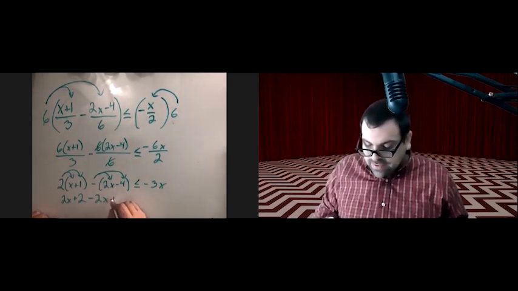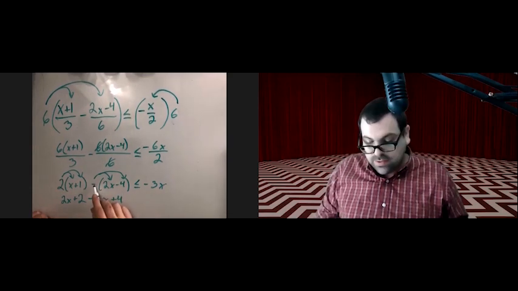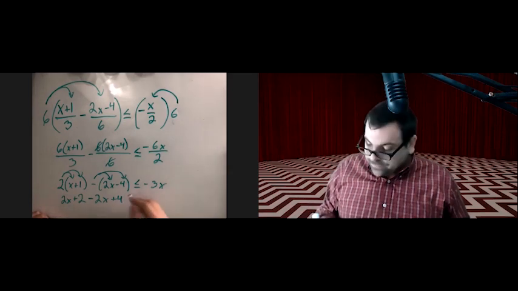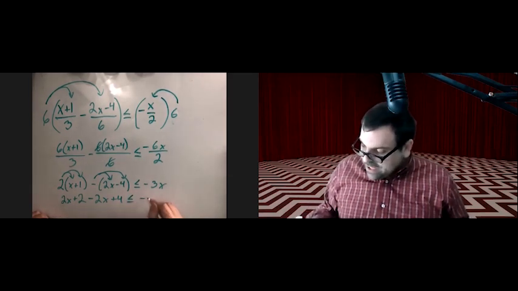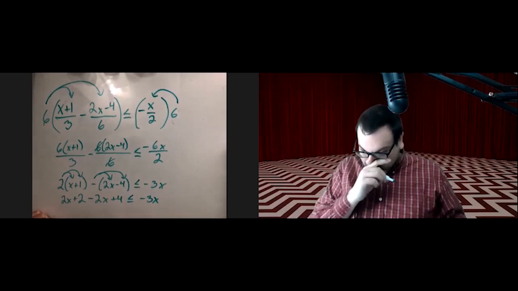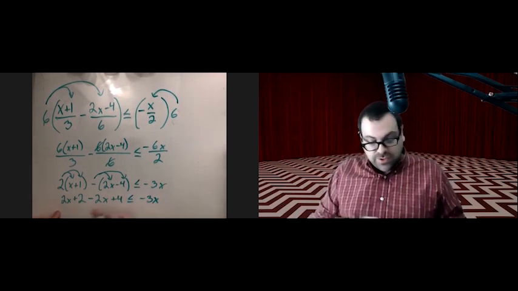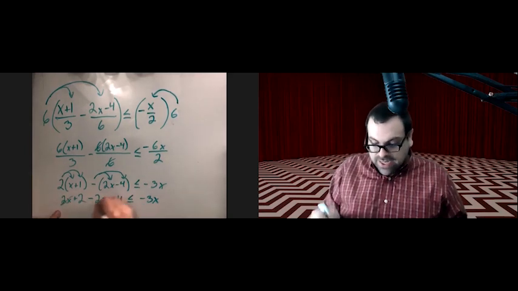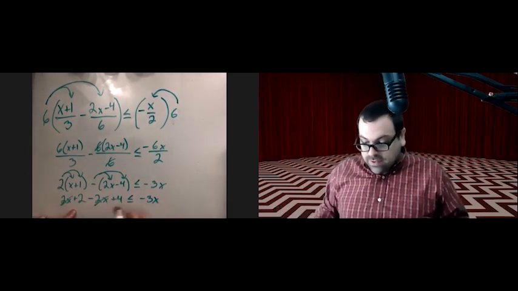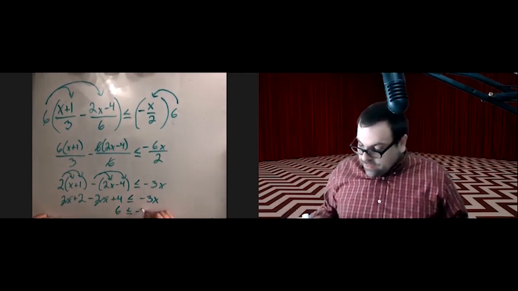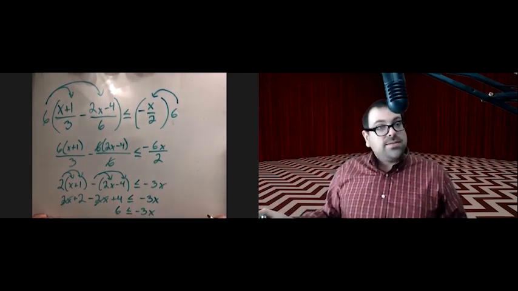Negative 2x plus 4. The opposite of the negative is positive. Less than or equal to negative 3x. If I combine like terms on the left, 2x minus 2x, those cancel each other out. 2 plus 4 is 6. Less than or equal to negative 3x.